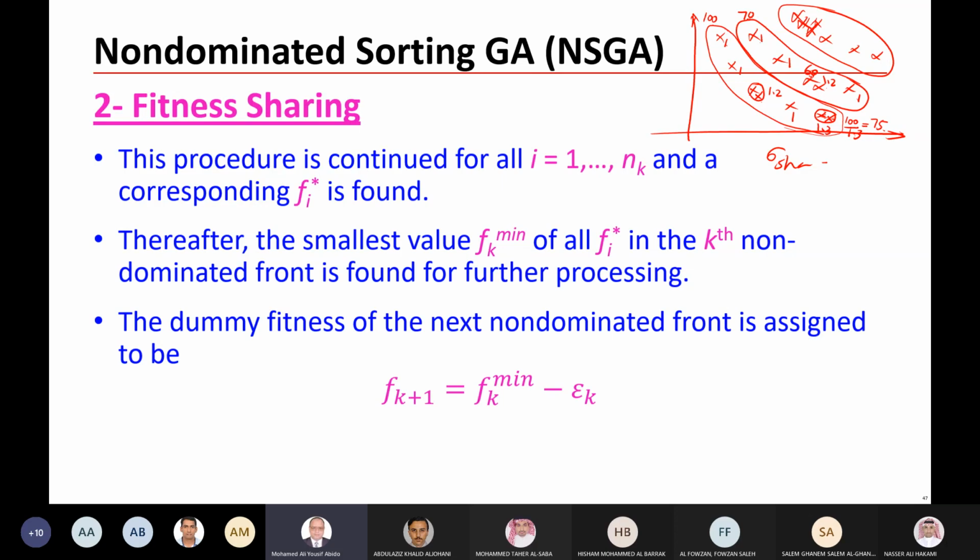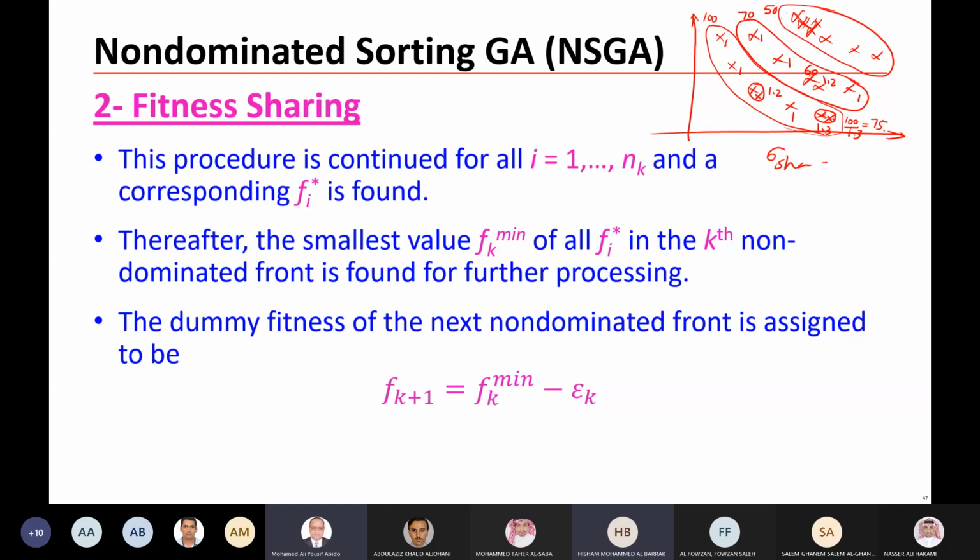The minimum is 60. So I will start the raw fitness here by 55 or 50. Whatever, this is a dummy fitness. It doesn't have to be epsilon constant and all. Just reduce it by a certain value. So this is the raw fitness, and you can do the sharing and so on. So this will be repeated.